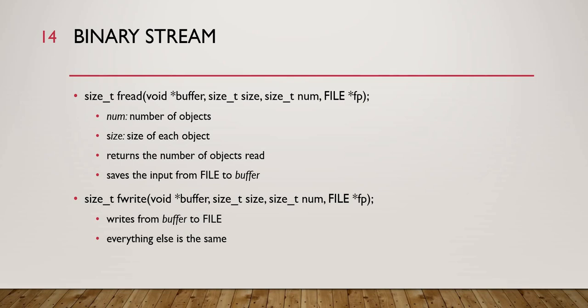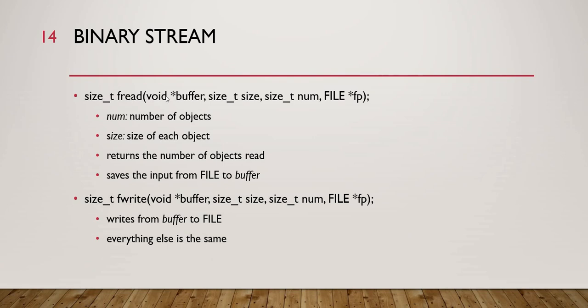This is why we call them objects instead of strings. Then this other size_t tells you the number of objects. And this is as usual the file pointer of the file from where we're going to read.